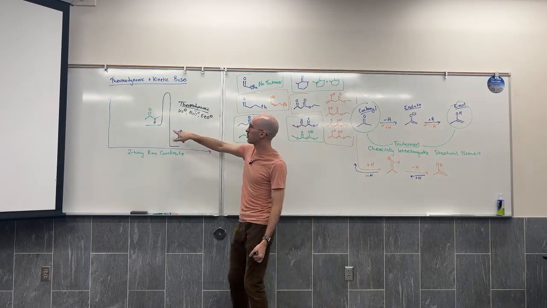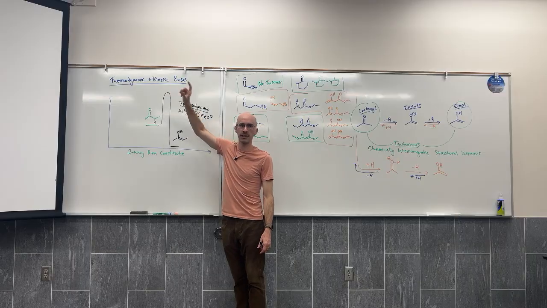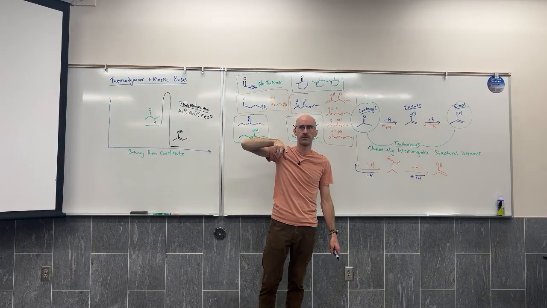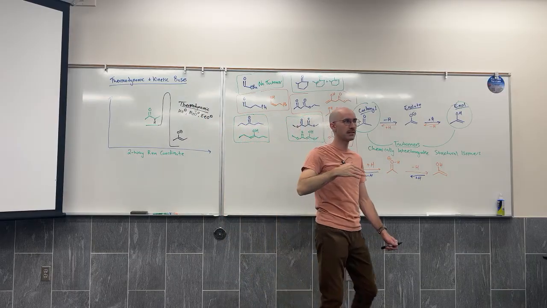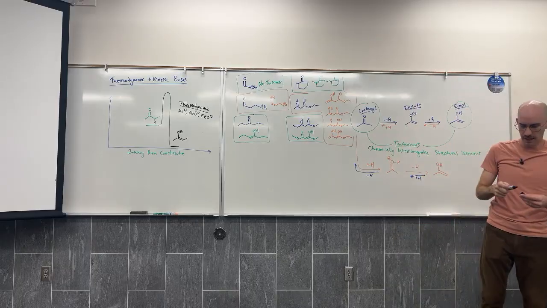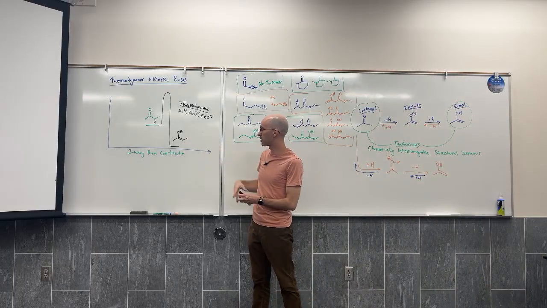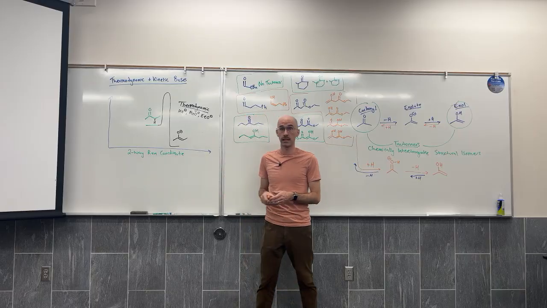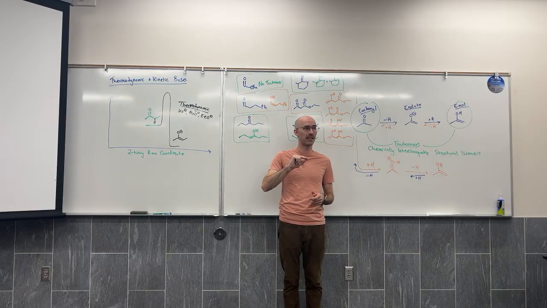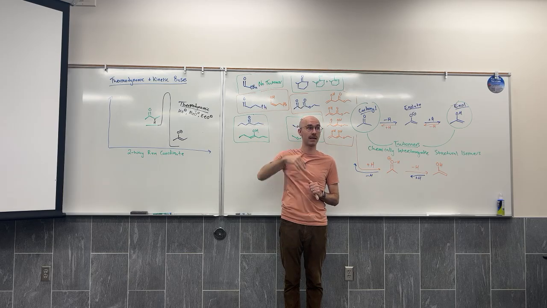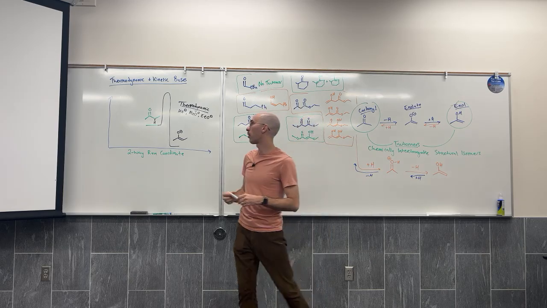And so for them to overcome this energy barrier is not hard to do. These thermodynamic bases easily overcome the activation barrier and give us our most stable enolate. Thermodynamic, meaning the highest highs and the lowest low, the most dynamic intermediate and product.